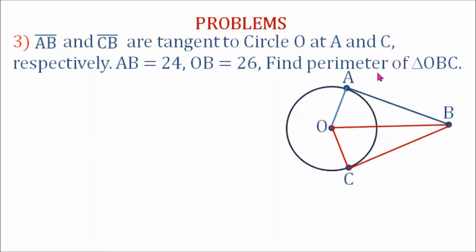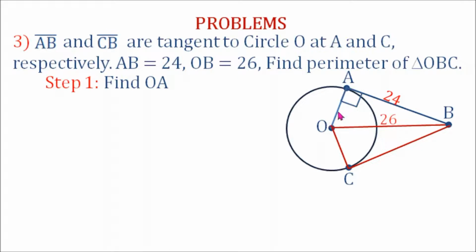Find the perimeter of triangle OBC. So first, we are going to find the length of line segment OA. We have a right triangle here. So this side is 24, this side is 26.